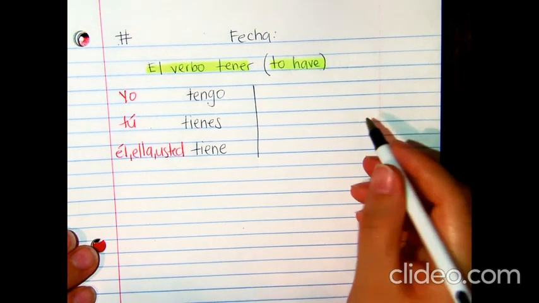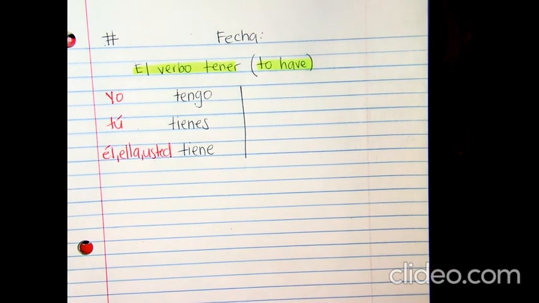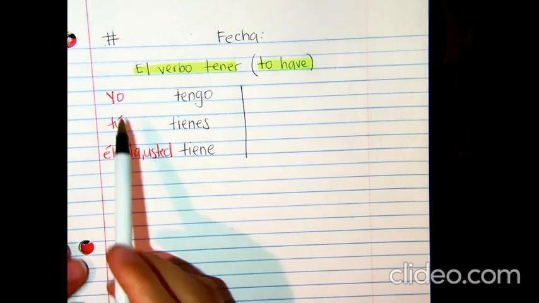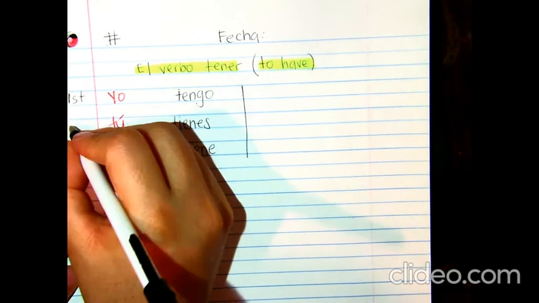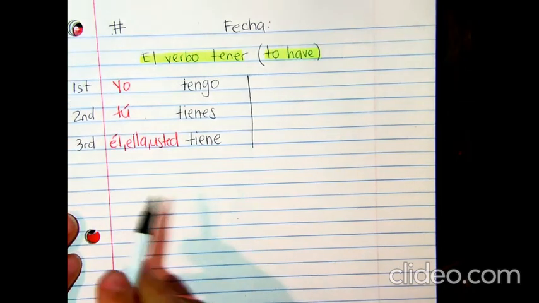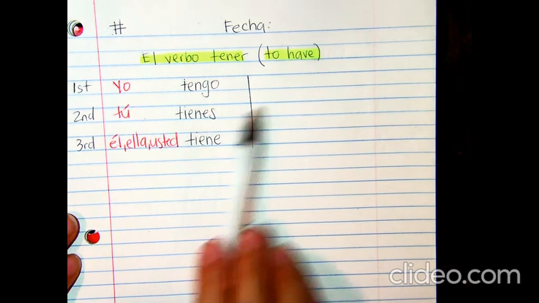Okay. Then we move to the other side of the conjugation of the verb, where we see that it's more plural. Remember that this is also first person, second person, and third person. This is singular and this is plural.